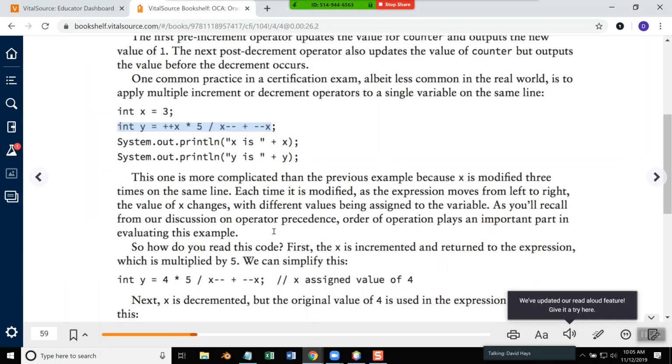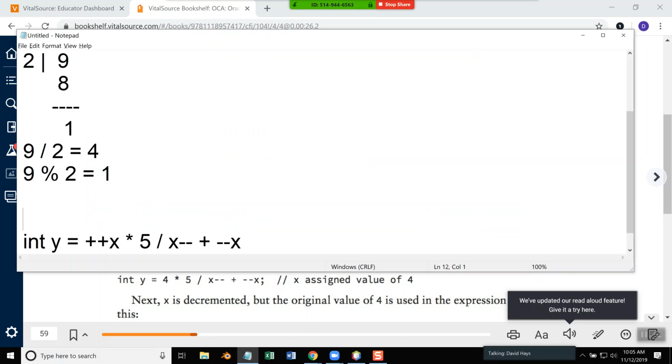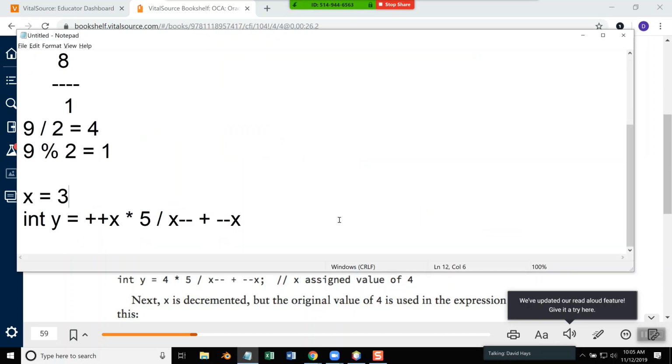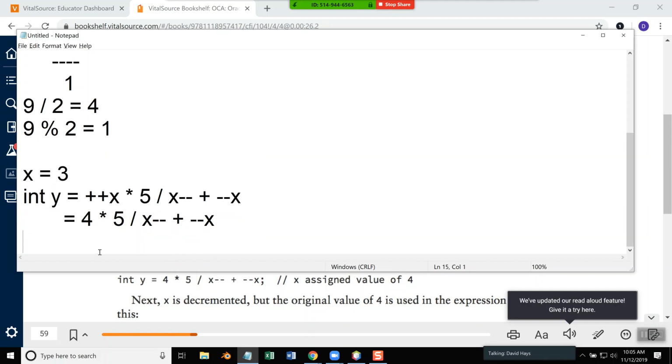I have to think about this one. Now, that's not to say I'll even get it right, but 3. Okay, so plus plus increases it beforehand. So that'll be a 4. Now just increase x to 4. That's 5. Bring everything else down. Plus minus minus x.